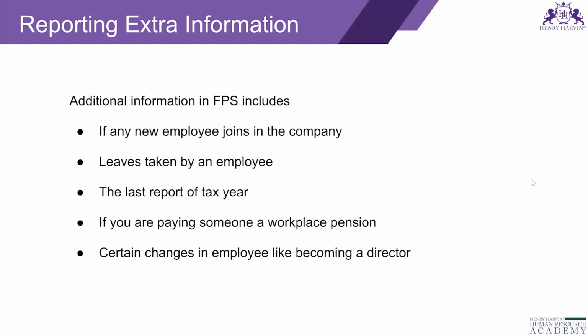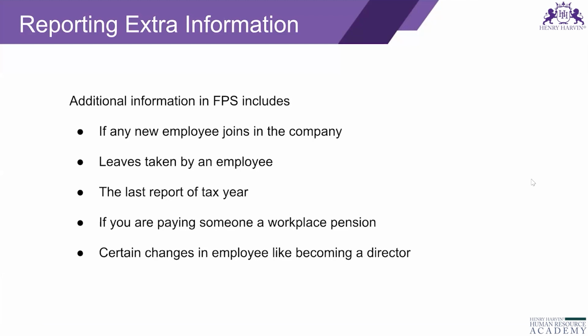So additional information that you'll report: if any new employee joins the company, then definitely one new row will be added in your FPS. Leave taken by an employee: you have to send some extra information by clicking on the irregular payment indicator. The last report of the tax year: if you're sending the last report, that is additional information, an additional FPS you have to send.